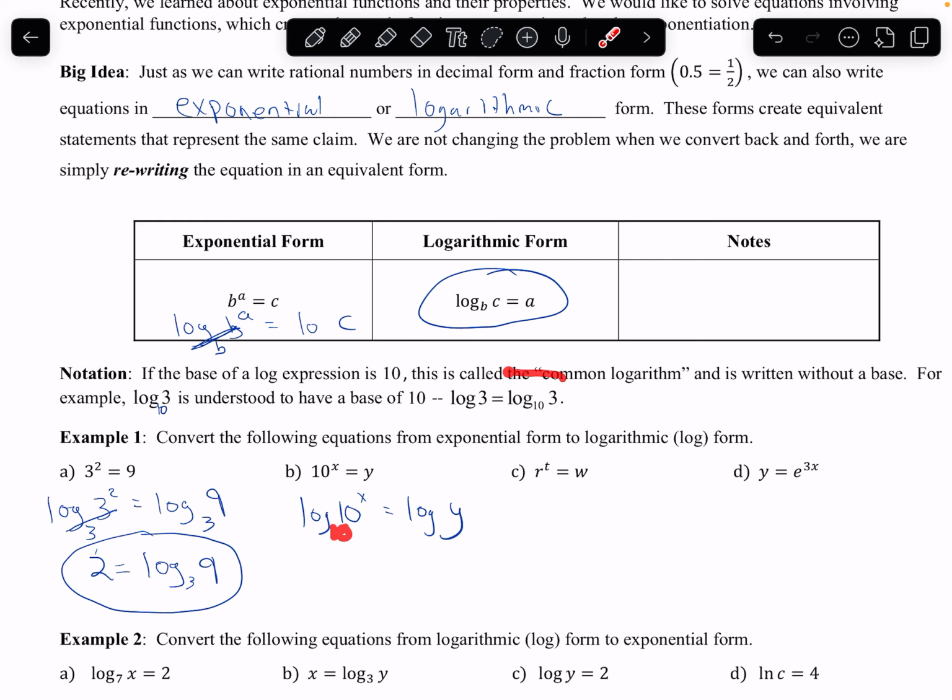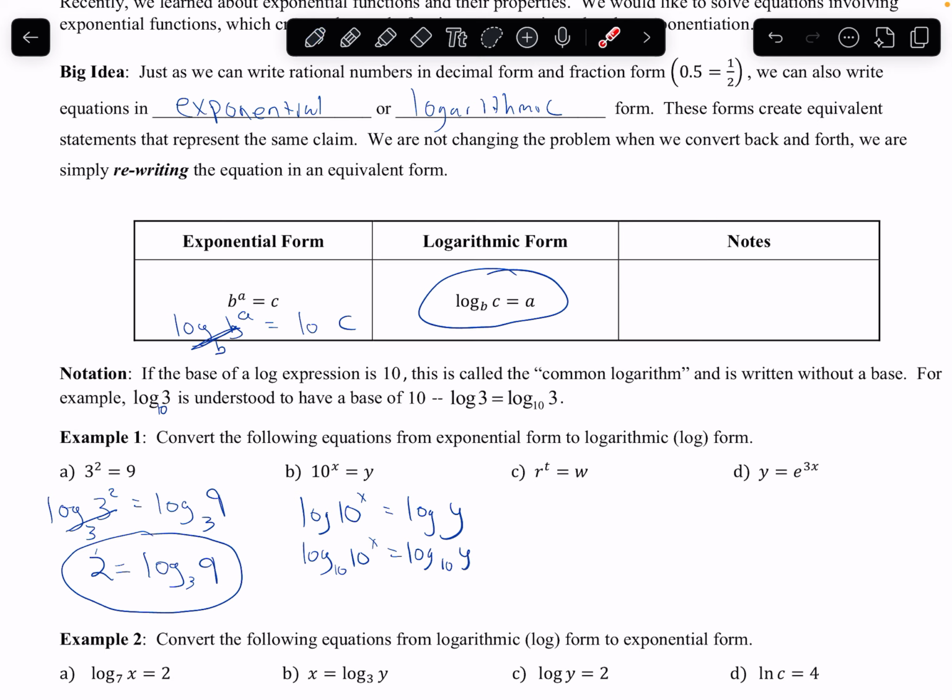But you remember up here? If it's a 10, you don't have to write it. Log base 10 of 3 is the same thing as log 3. So I can actually leave this like that. That's fine. Or if I wanted to, I could put the 10 in there. I could go log base 10 of 10 to the x equals log base 10 of y.